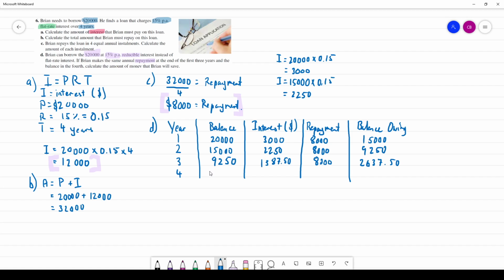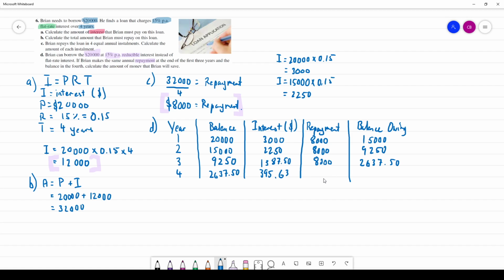The balance at the beginning of year 4, we're almost at the end now, 2,637.50. That's just from the balance owing at the end of year 3. The interest, that'll be 395.625, but because we're dealing with money, we want to round that to 2 decimal places. So let's make that 395.63.